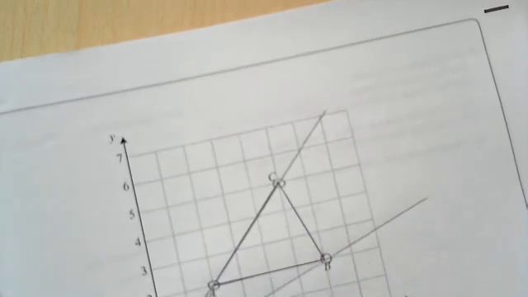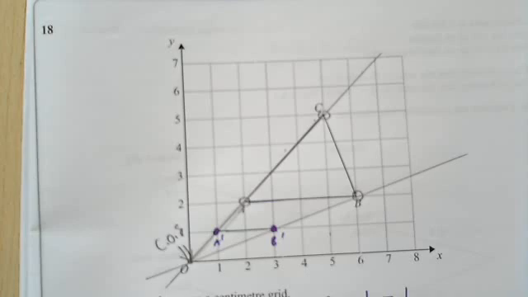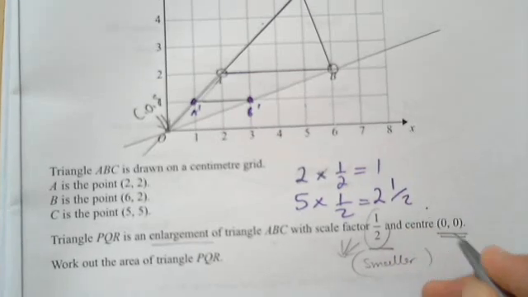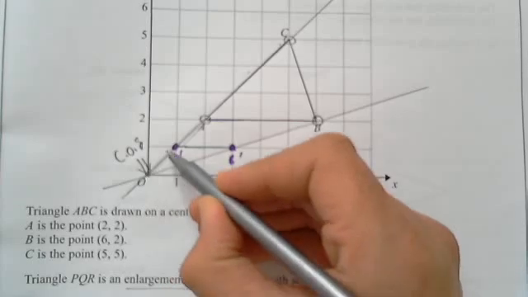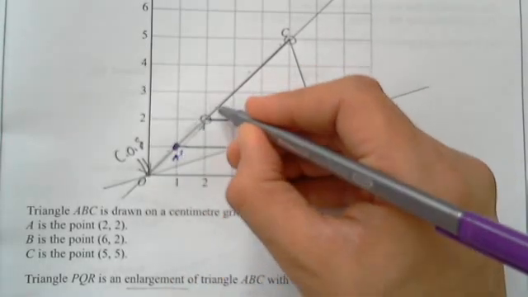Now, the distance for C is 1, 2, 3, 4, 5. So we got 5 to C. So 5 times by a half will give us 2.5.